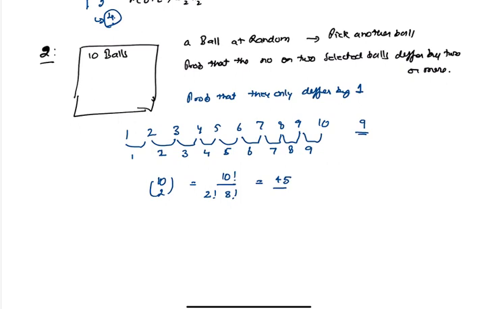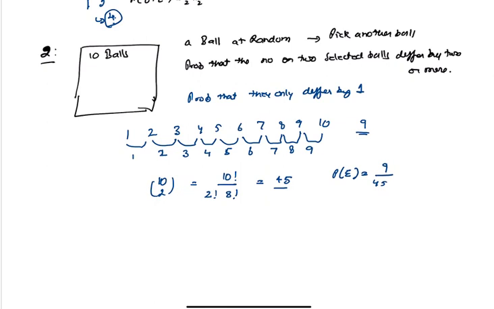So the event can happen in 9 ways, out of the total possible ways to pick 2 balls, which is 45. So the probability that the numbers differ by 2 or more, because if they don't differ by 1, then they differ by 2 or more, is 1 minus 9 over 45, or 4 out of 5.